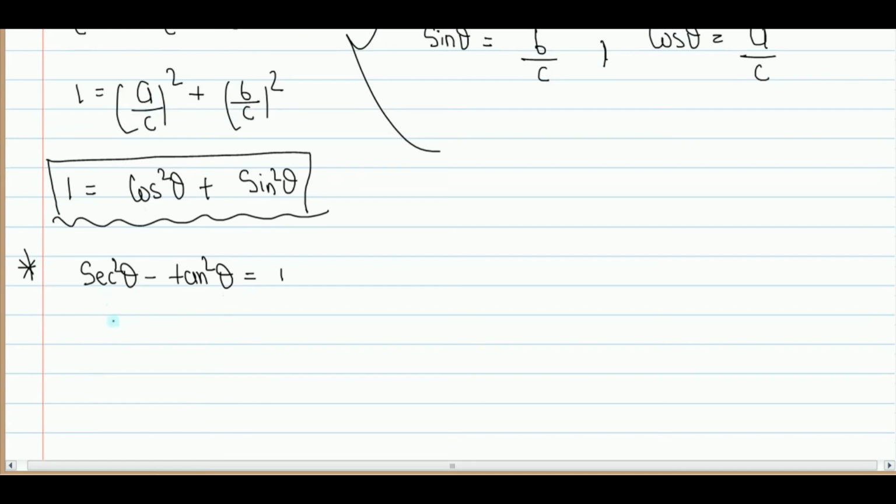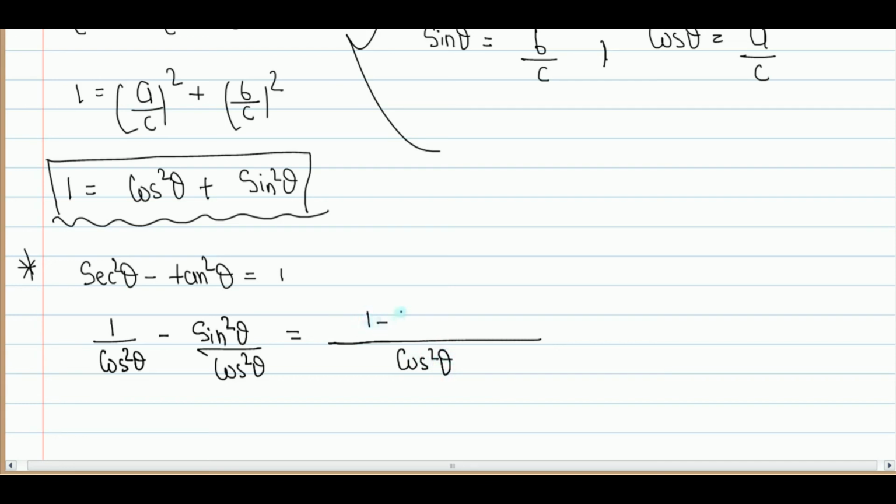Okay, so you can write the left hand side of the equation, sec square theta, as 1 by cos square theta. Similarly, you can write tan square theta as sin square theta divided by cos square theta. Is it fine? And you can take cos square theta as denominator, and the numerator part will be like this, 1 minus sin square theta.